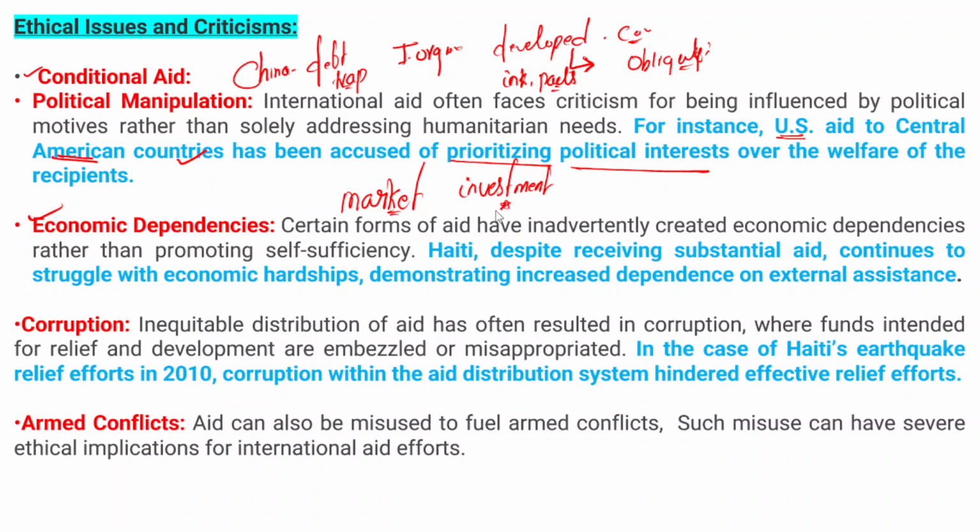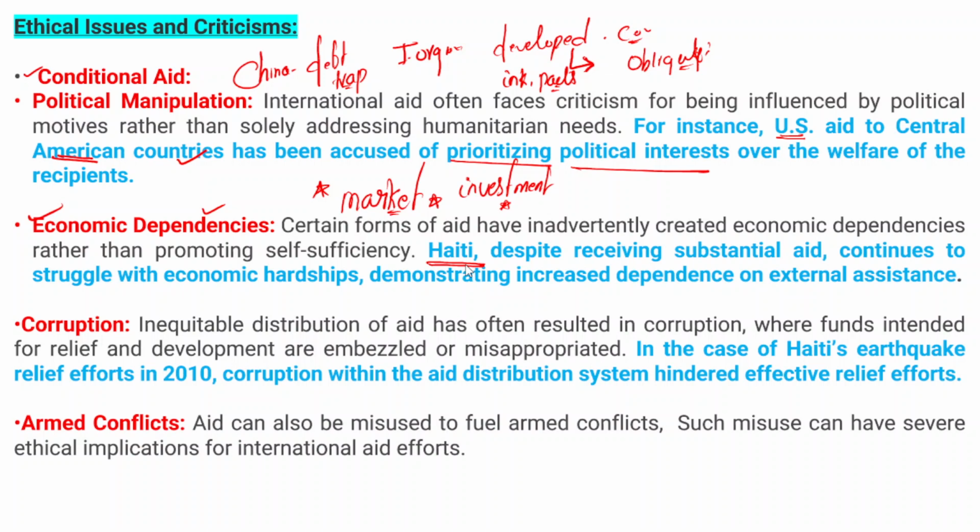So these coercive policies or coercive practices have resulted in excessive economic dependencies between the donor country and the receiver country. One such example is Haiti. Haiti has been receiving a lot of foreign aid.